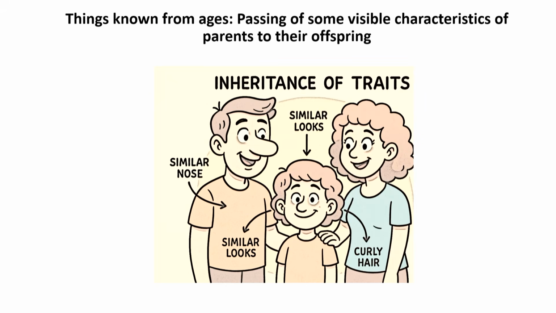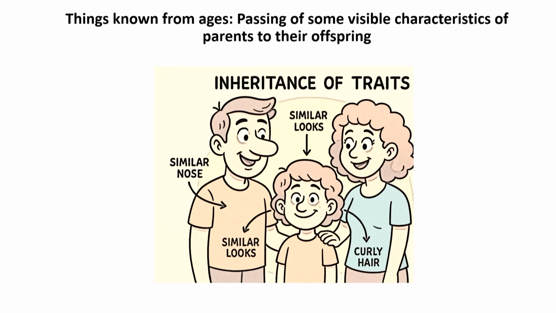This is just a cartoon to show you that it's not something that Mendel, or maybe people before him, did not know: that traits, rather I should say characters, pass from one generation to another. We get several of our features from our parents, and people used to recognize them, and we are recognized based on those features, that we are the daughter of so and so, or son of so and so.